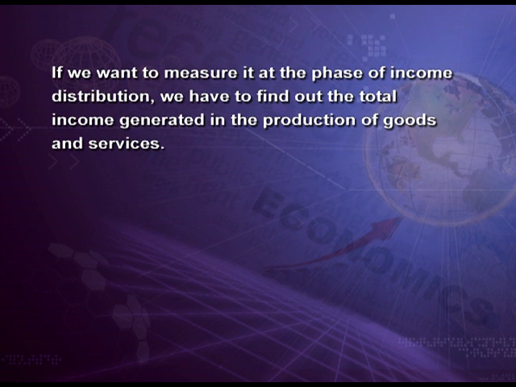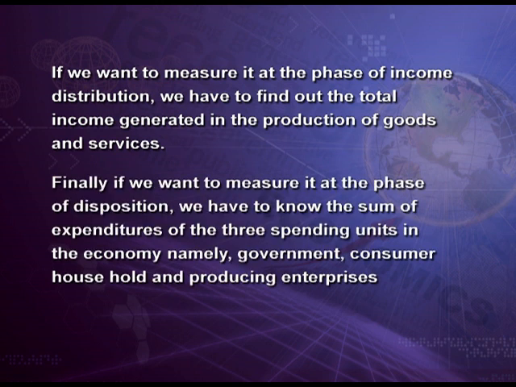If we want to measure it at the phase of income, we have to find out the total income generated in the production of goods and services. Finally, if we want to measure it at the phase of disposition, we have to know the sum of expenditure of the three spending units in the economy, namely government, consumer household and producing enterprises.